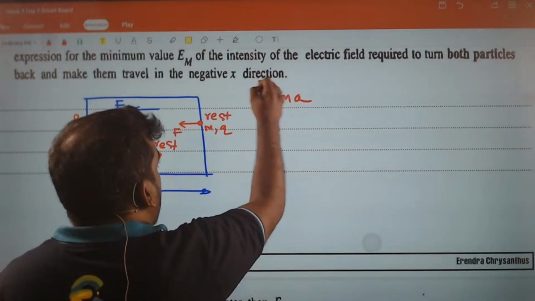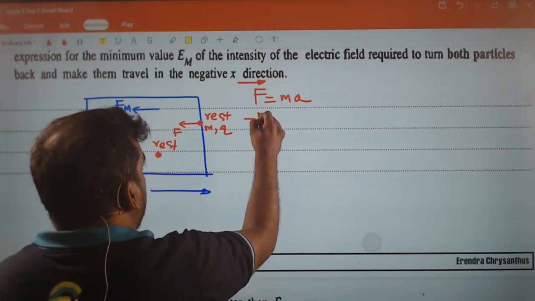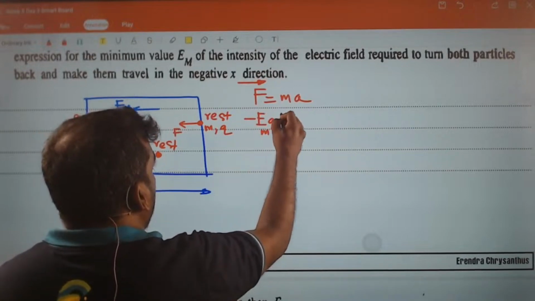So F equal to ma: forward, you have minus E minimum q.